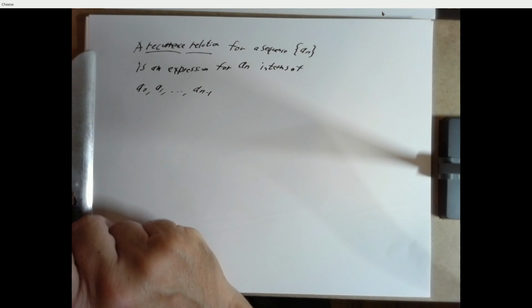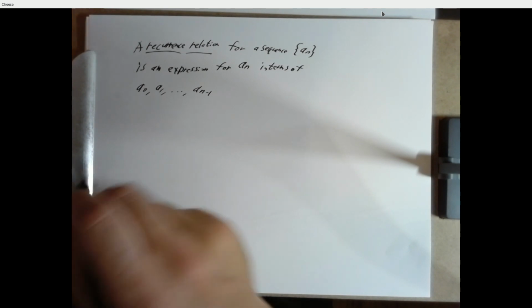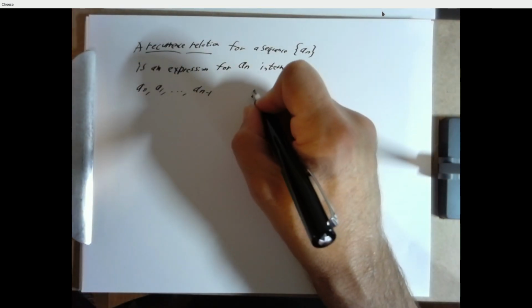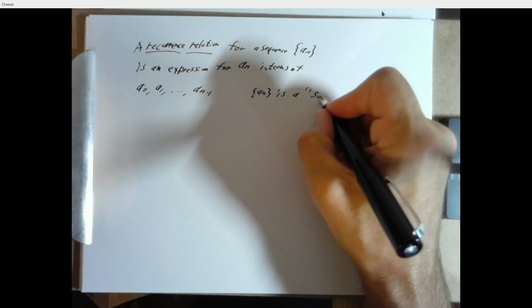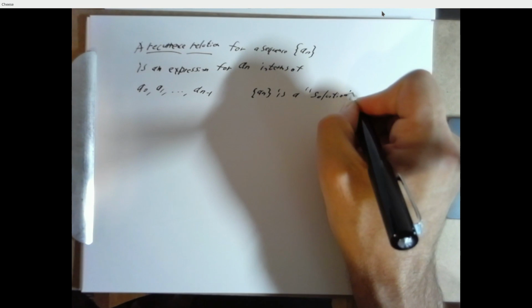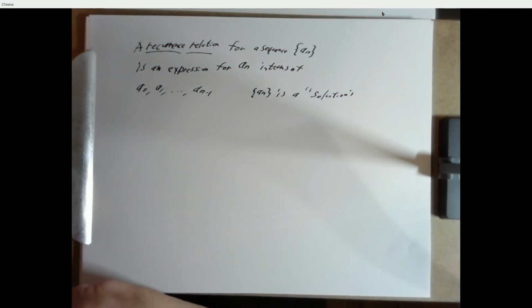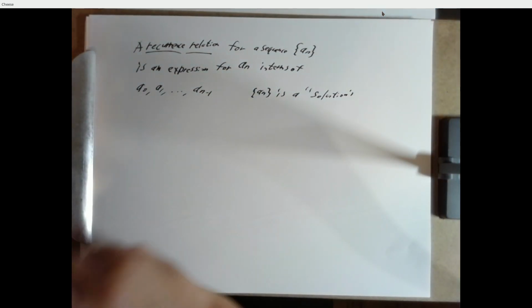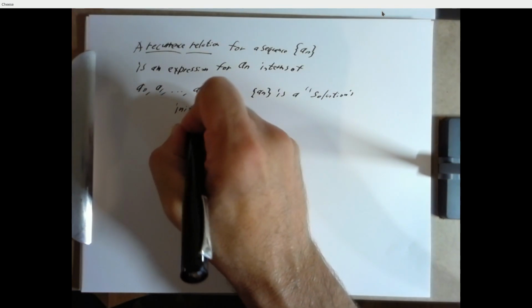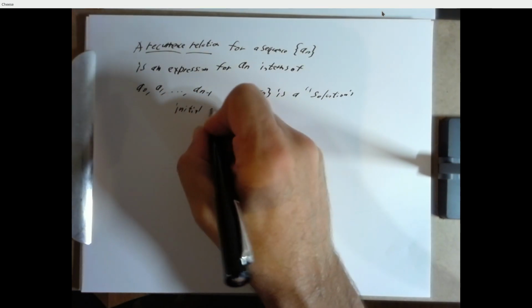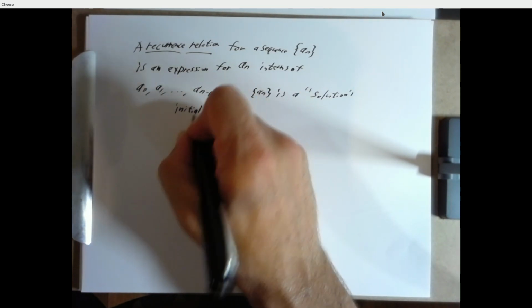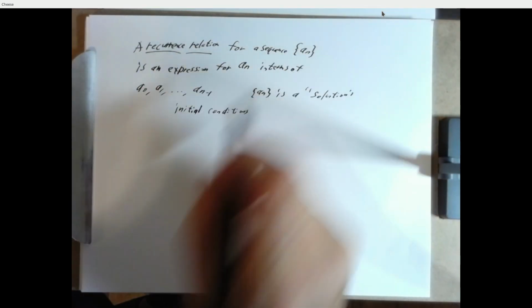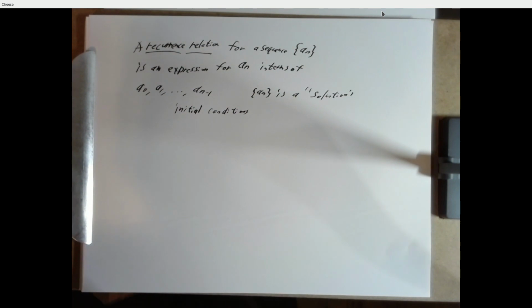And if we have such an expression, then we can say the sequence a sub n is a solution to this recurrence relation. And sometimes we have what are called initial conditions, which are particular elements of a sequence that we specify values for.